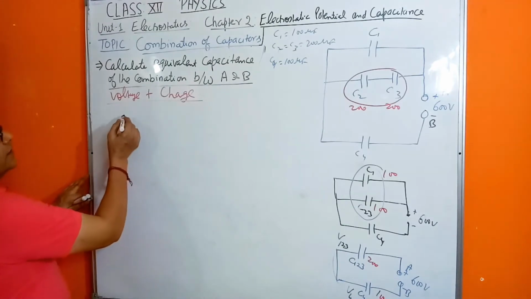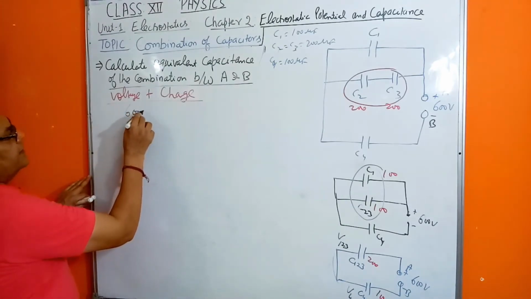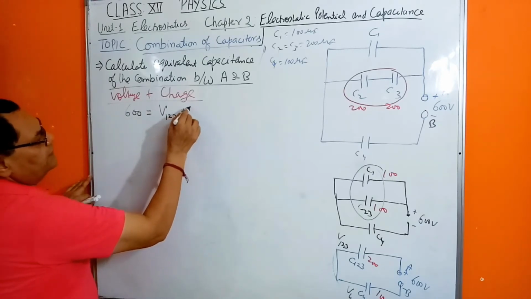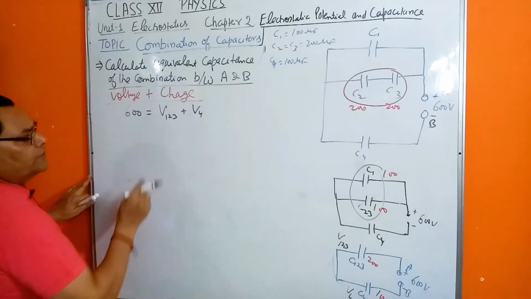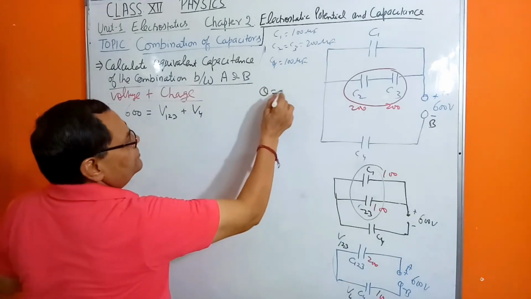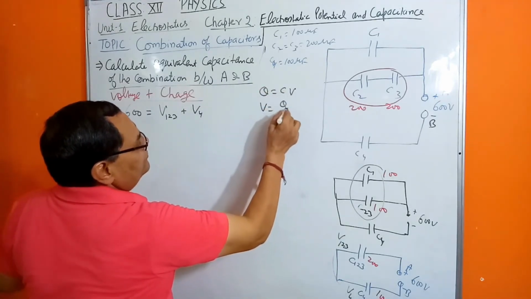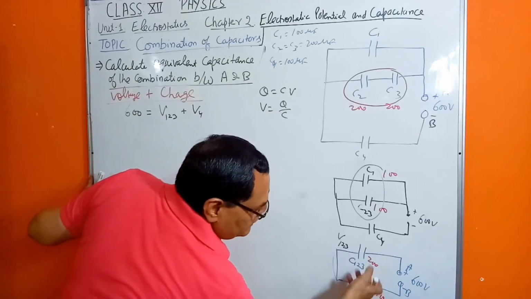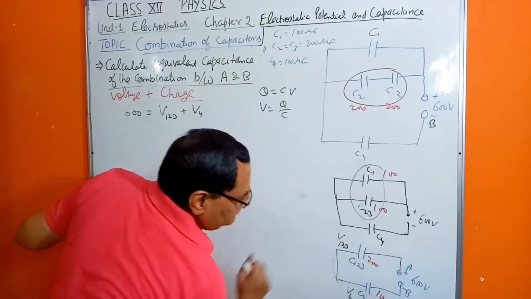By voltage law, 600 must be equal to V123 plus V4. Since Q is equal to CV, V is equal to Q by C, and the charge passing through C4, say Q4, will be the same through this also.